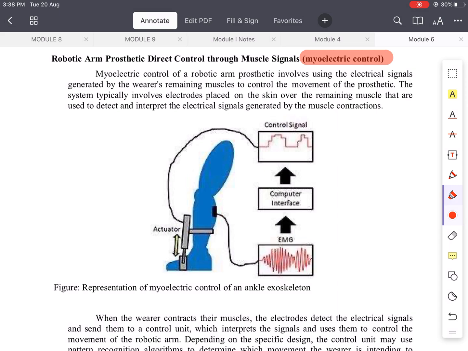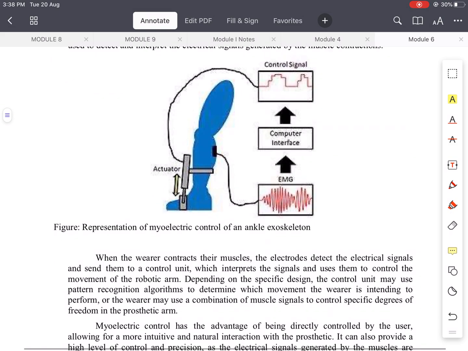The electric signal is picked from the limb, where electrodes are placed over the skin, over the last remaining muscle of the amputated limb. When the wearer contracts his muscles, the electrode detects this electrical signal. The prosthetic limb, or the entire setup, interprets the signal and uses it to move the arm.